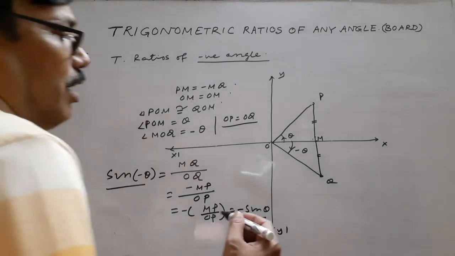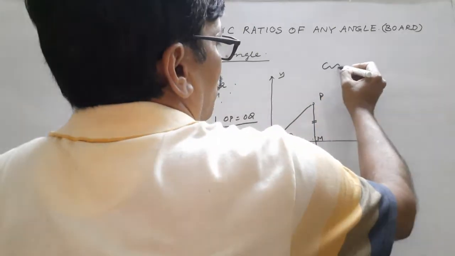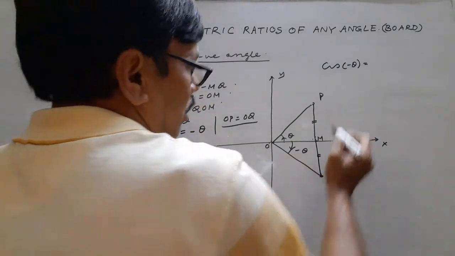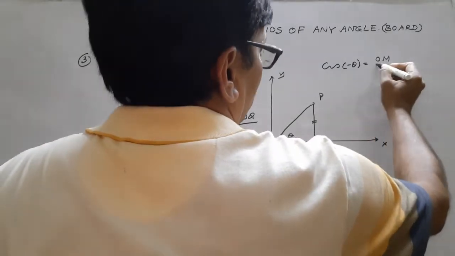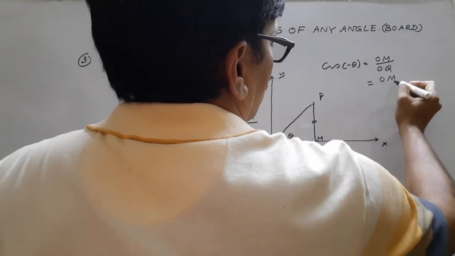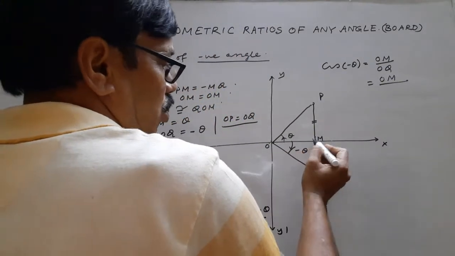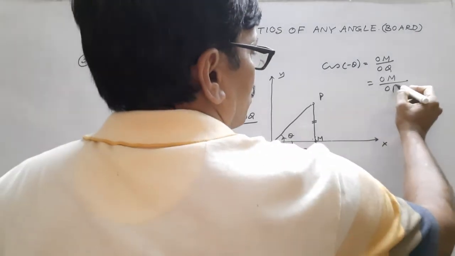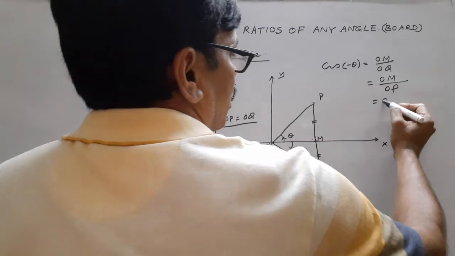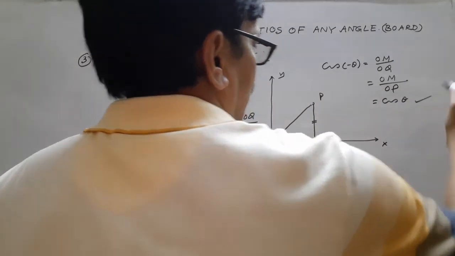Similarly, do cos of minus theta. From the lower triangle, OM by OQ. Now OM equals OM, this is common, and OQ equals OP. So look at the upper triangle: this is cosine theta.